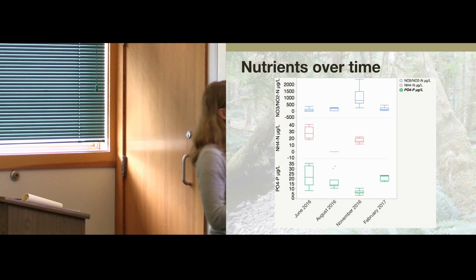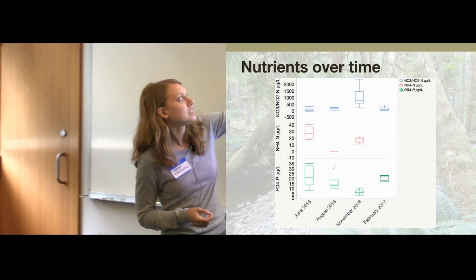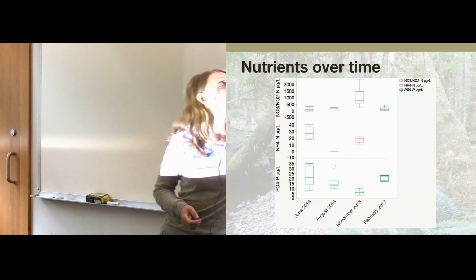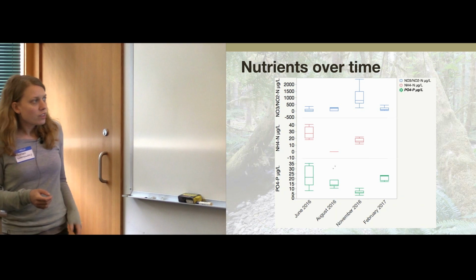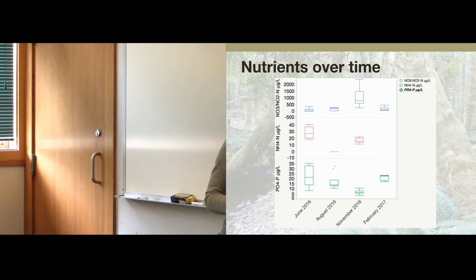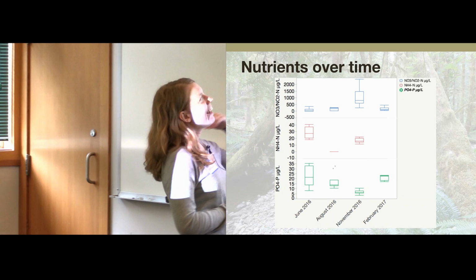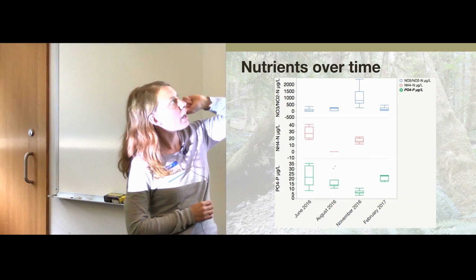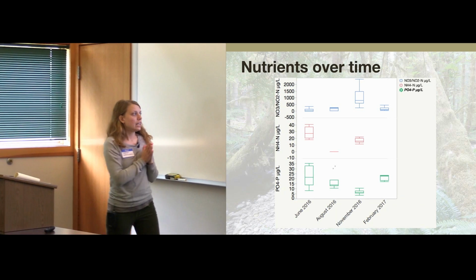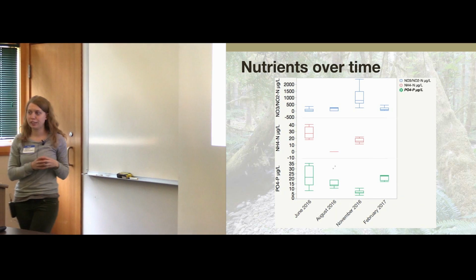So the nutrient values over time: on the y-axis I have phosphate, ammonia, and nitrate, and the 4 sampling events. And there are some interesting trends over time. This November sampling event, I'll send this to you too, was that high flow, so when the streams were really high, and it shows a very, very high concentration of nitrate in the stream.